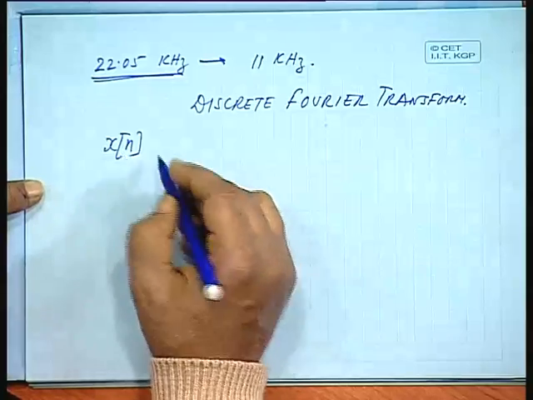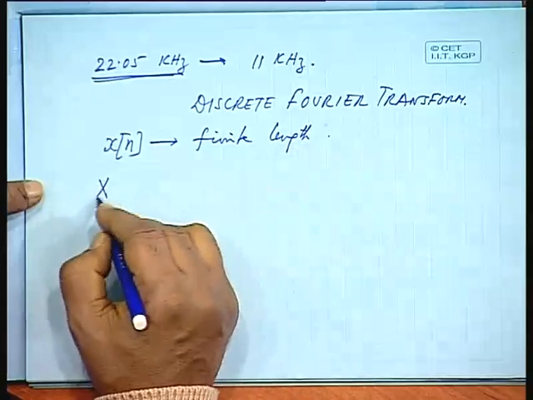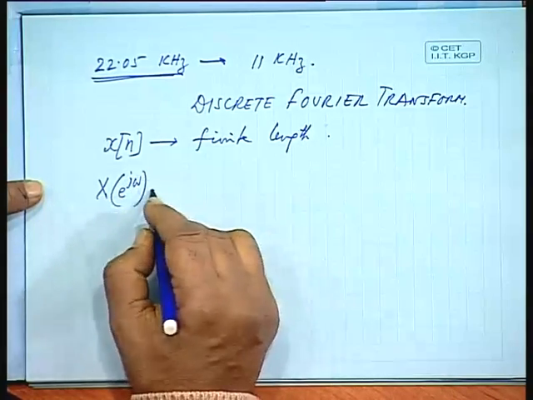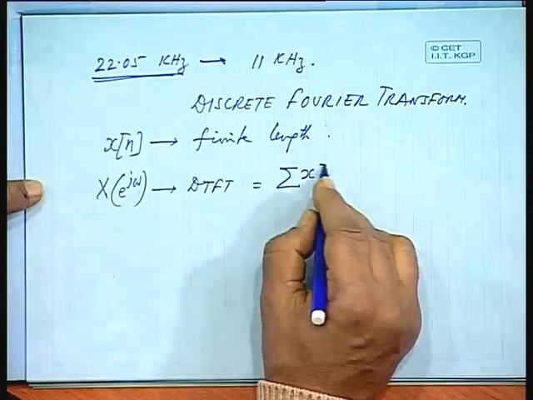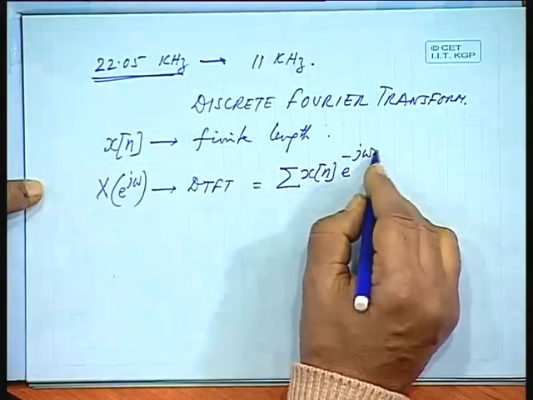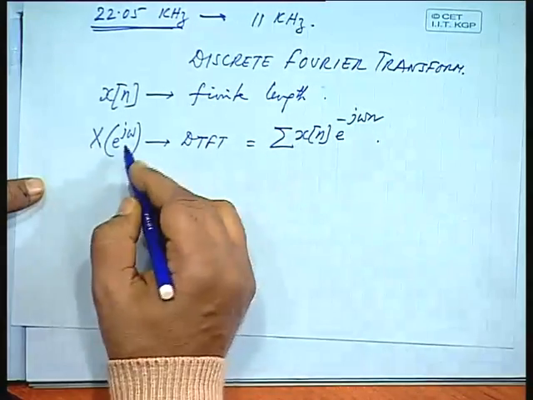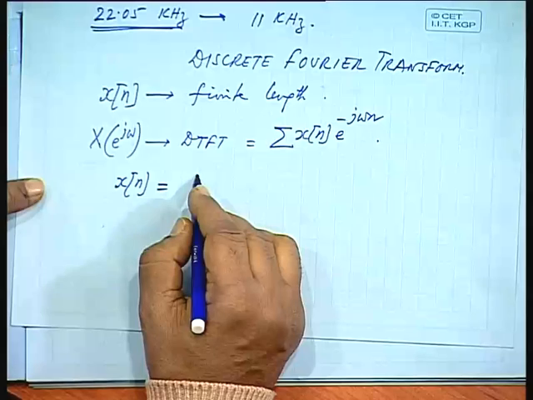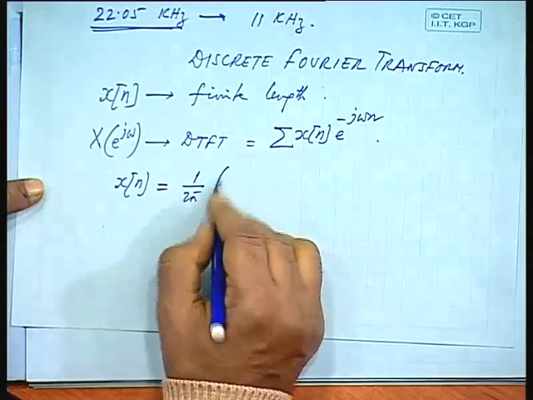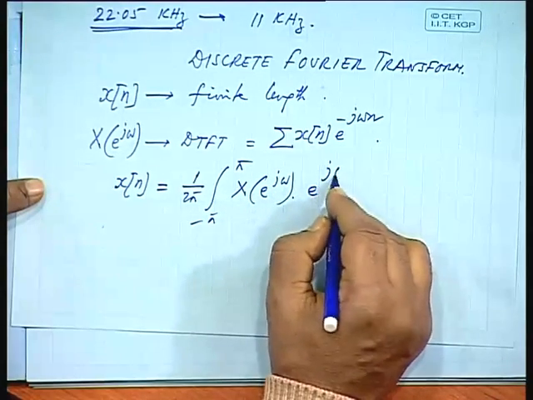When a sequence xn is of finite length, then the DTFT, which we defined as summation xn e to the power minus j omega n, and from this DTFT we can recover the signal xn, which means what should I write? 1 by 2 pi, all right, integral of X e to the power plus j omega n d omega.